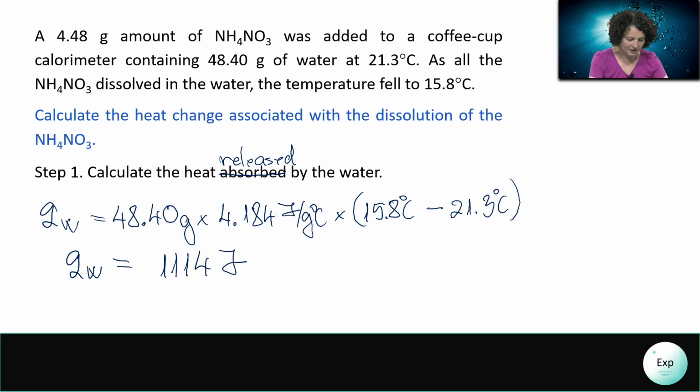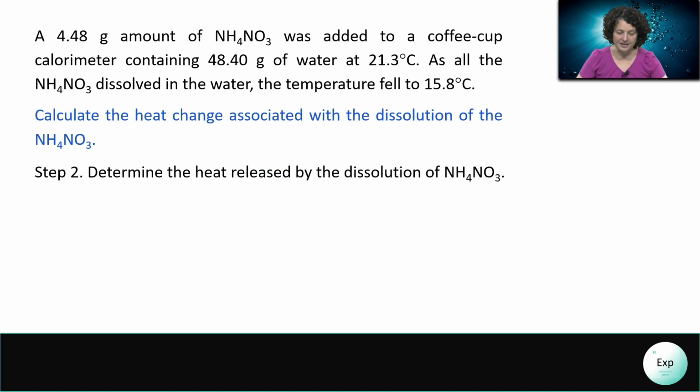After we complete our calculation, we find that the heat released by the water is 1,114 joules. And because it was released, it's going to have a negative value. And it makes sense because we're subtracting a larger initial temperature from a smaller final temperature. In our next step, we're going to determine the heat of the reaction, which is the opposite of the heat of the water.